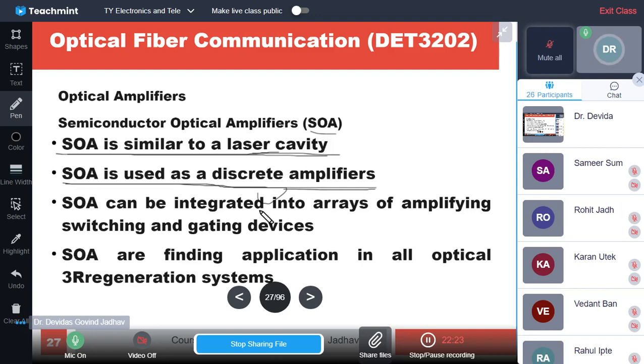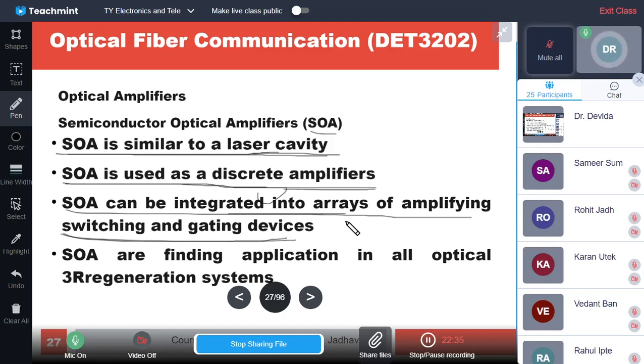So SOA can be integrated into an array of amplifying, switching and gating devices. As an array of amplifiers it can be used, just as discrete amplifiers. So SOAs are finding application in all-optical regeneration systems.